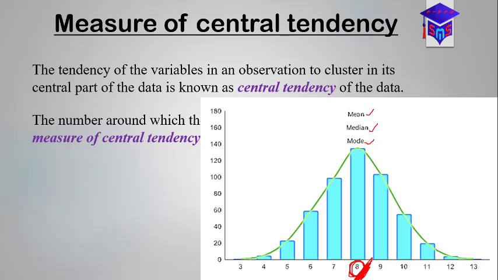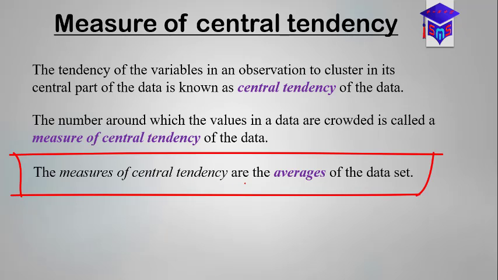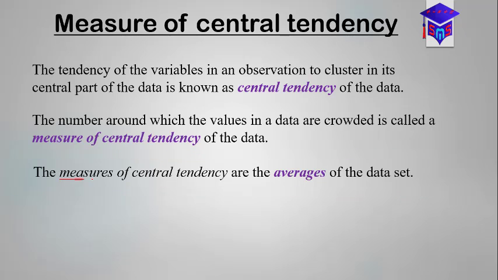Good. So in simple terms, what we are saying is that the measures of central tendency are the averages of the data set. When we say averages, what do we mean?